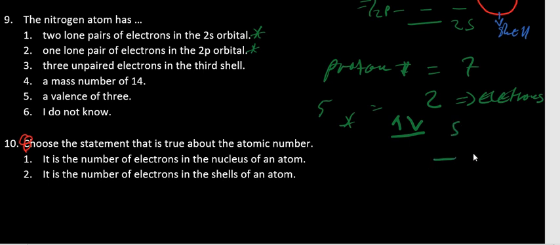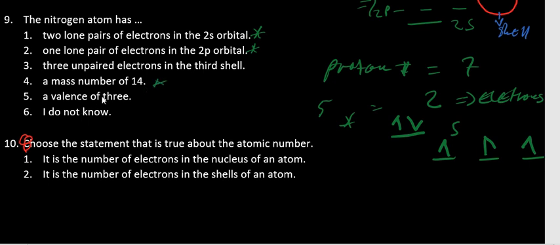Then the p orbital, which is 1, 2, 3, they're going to have that. I'm sure someone can pick it up from there, unless someone hasn't observed that. So this one cannot be the answer.